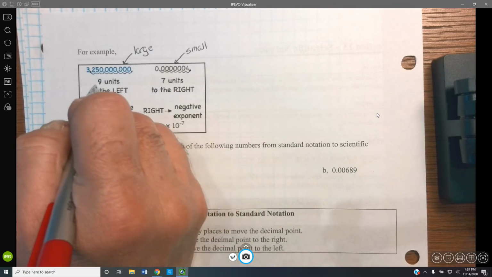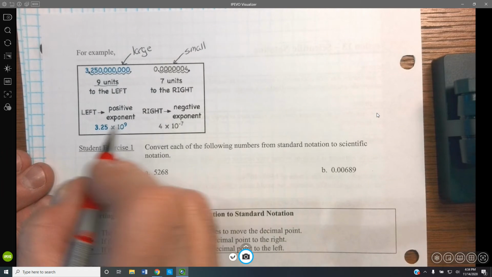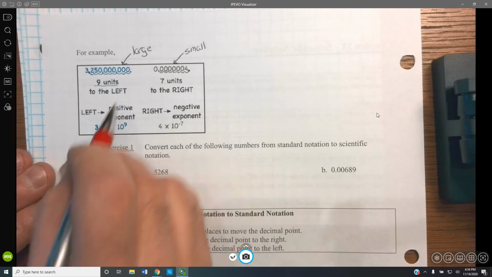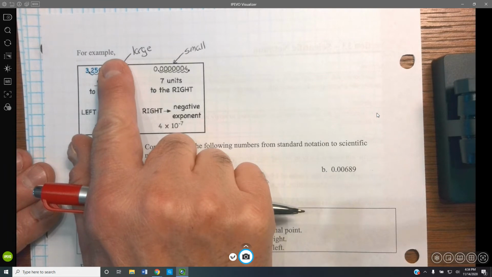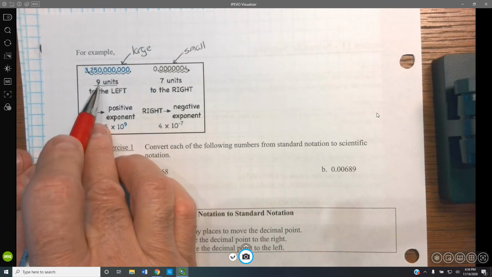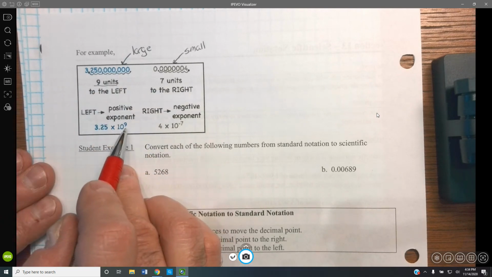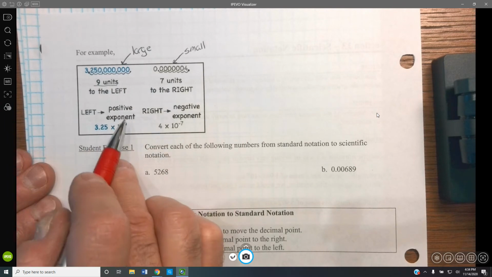So we moved 9 units from here to here. So now we have a new number, 3.25. Notice we got rid of all of the zeros, and we just kept the 3.25. We moved 9 units, which becomes the exponent, and they tell us because we moved to the left, it's positive.